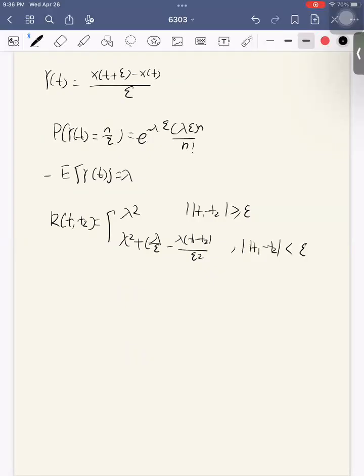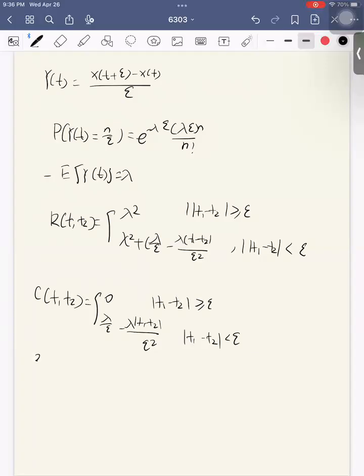The autocovariance is equal to this part here, which is kind of similar to the autocorrelation. So now let's look at the point impulse process.